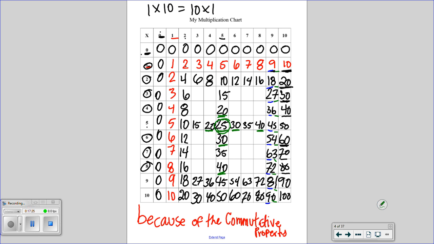And if I have 36, and then switch my tens and my ones, it's 63. 27, if I switch my tens and my ones, is 72. 18, if I switch my tens and my ones, is 81. Nines are full of tricks and patterns along the way.